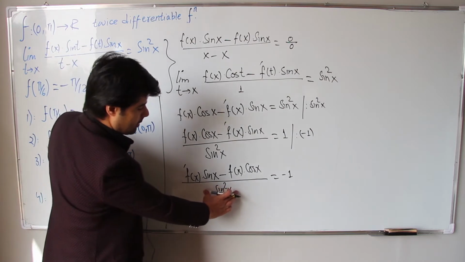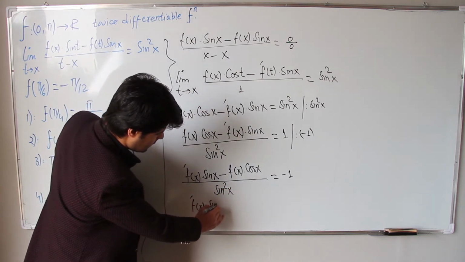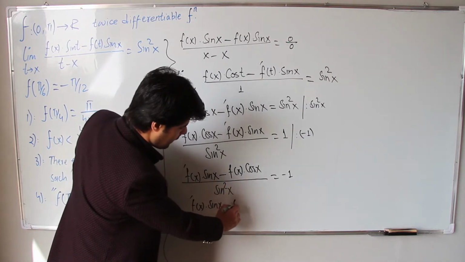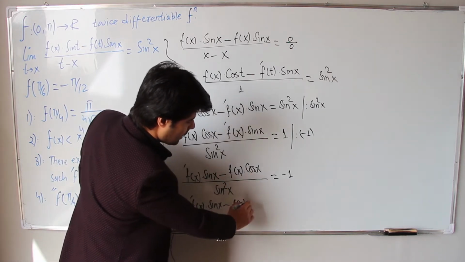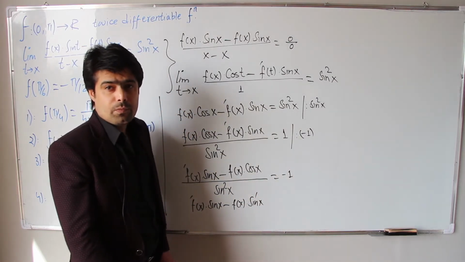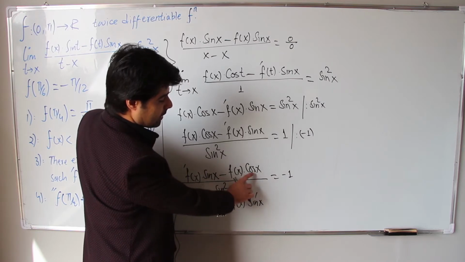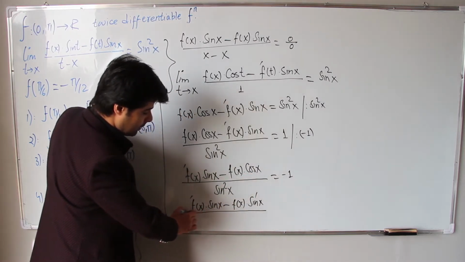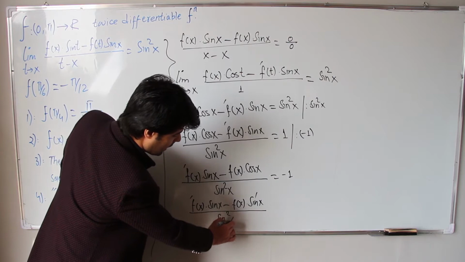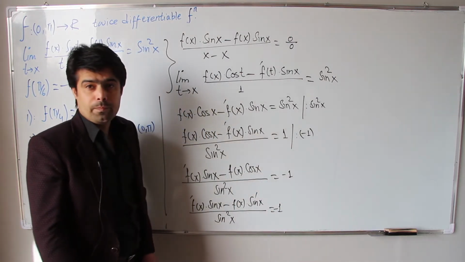Can I write cosine as sine prime x? Yes, because the derivative of sine is cosine. So f prime x sine x minus f(x) sine prime x, divided by sine squared x, is equal to minus 1.